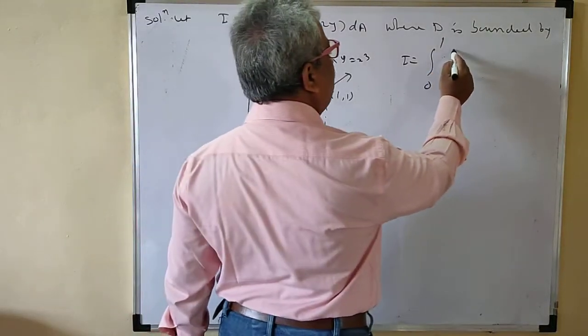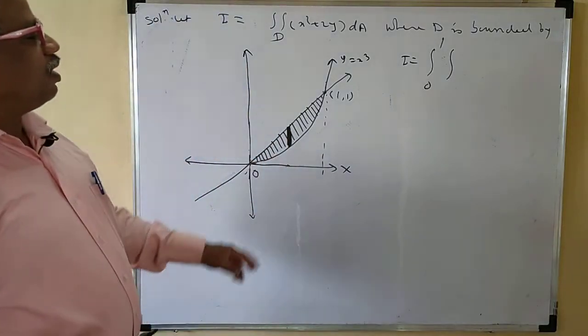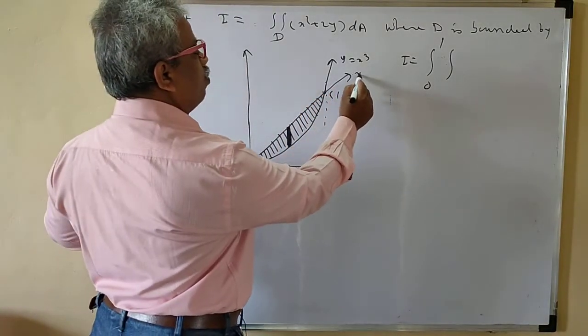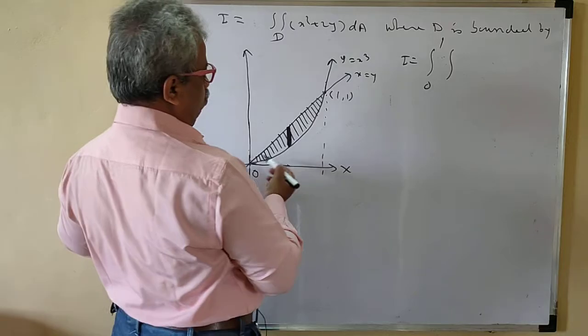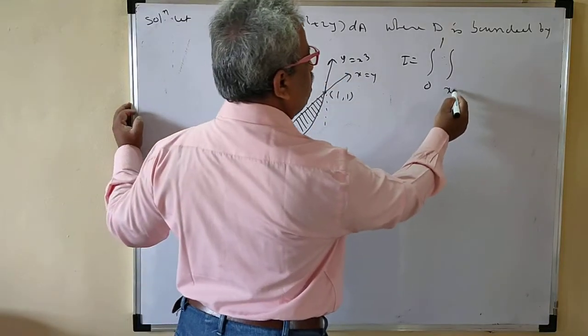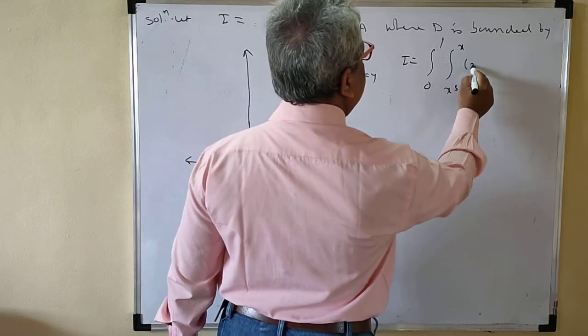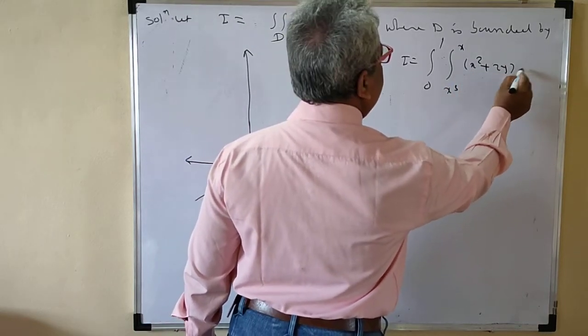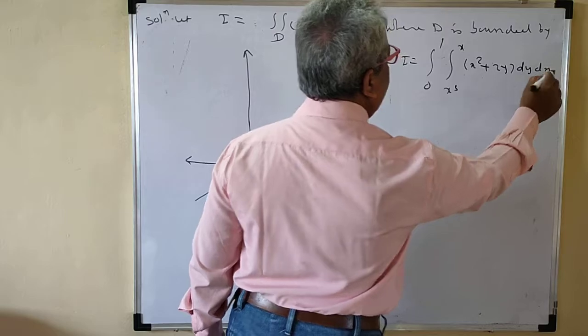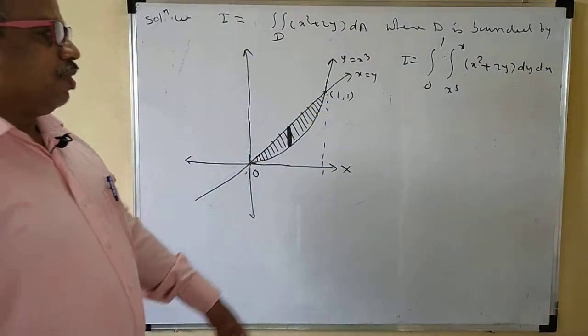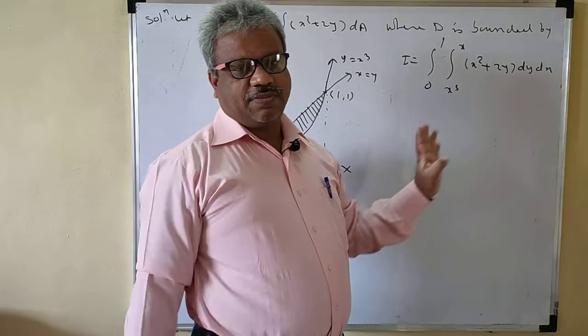Now y from the lower curve and y from the upper curve. This line is y is equal to x. Y from the lower curve is x cube, and y from the upper curve is x. Your function is x square plus twice y, dy dx. Now this order is very important here, dy dx, because these limits are functions of x, that means they are the limits of y.